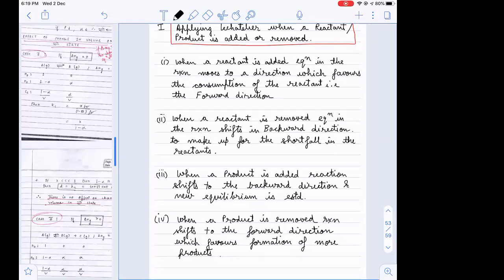We'll understand it very perfectly when we do the questions now. We'll take some of them. Let me know if you are having any doubt.